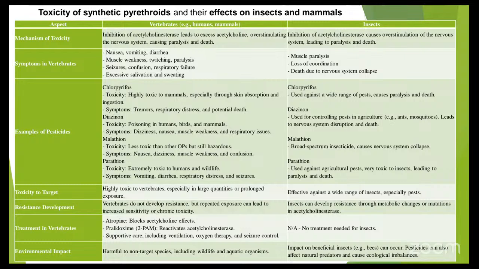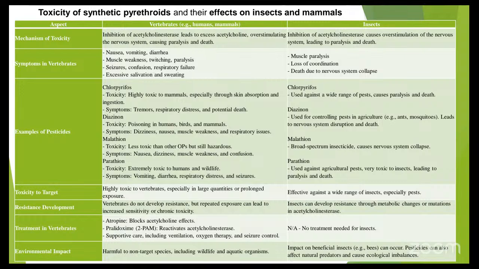Toxicity to target: they're highly toxic to vertebrates, especially in large quantities or prolonged exposure, and they're effective against a wide range of insects, especially pests. Resistance development: vertebrates do not develop resistance, but repeated exposure can lead to increased sensitivity or chronic toxicity.